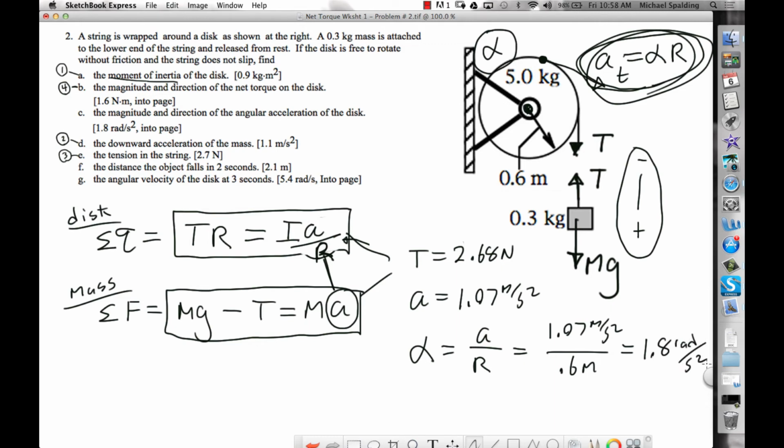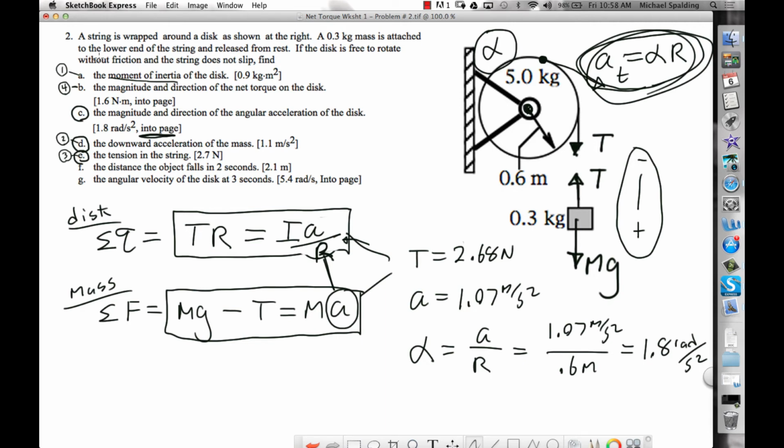So now we've answered D, we've answered E, we've answered C. Into the page, you have to use the right-hand rule: you curl your fingers in the direction of the acceleration of the disk, and your thumb points into the page.